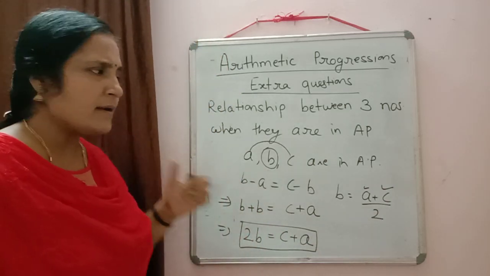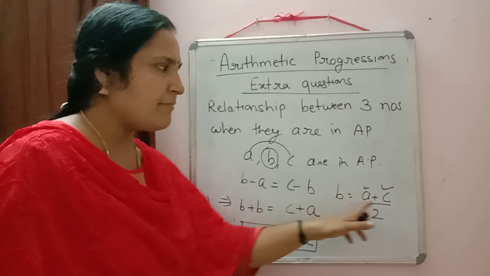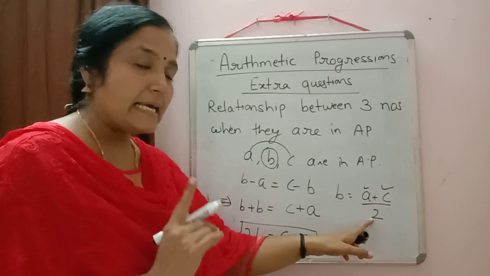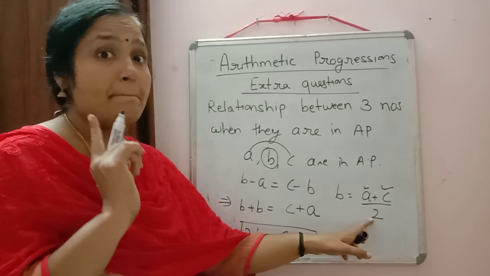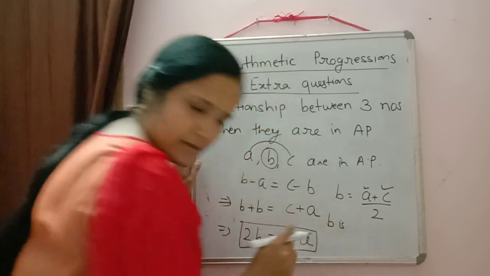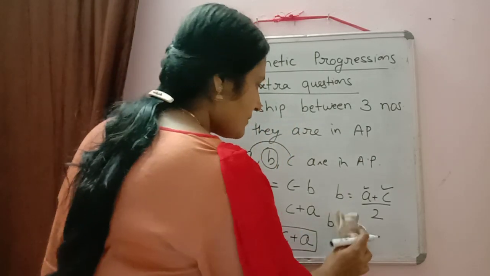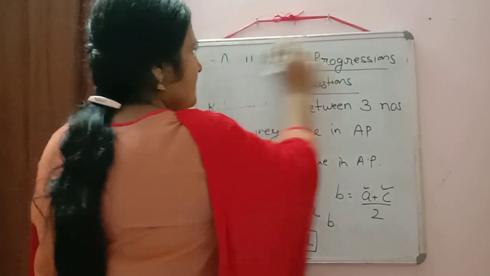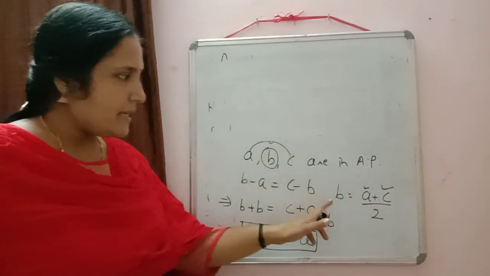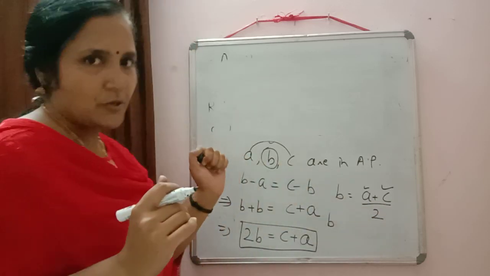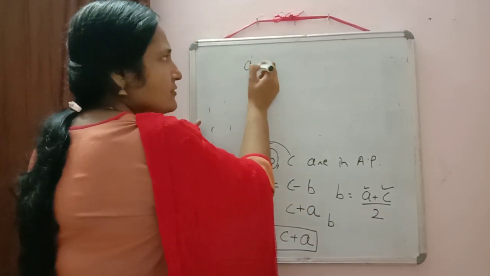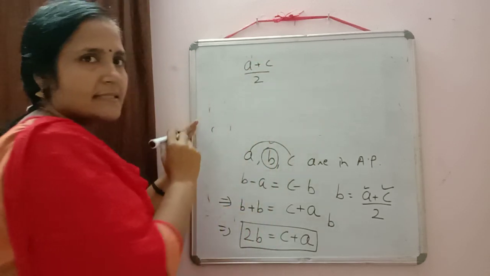Where do we do this? Sum of the numbers divided by the total numbers. Yes, we use this concept in mean. So since B is equal to A plus C by 2, if we have to find the average of A and C, then also we will do A plus C by 2.